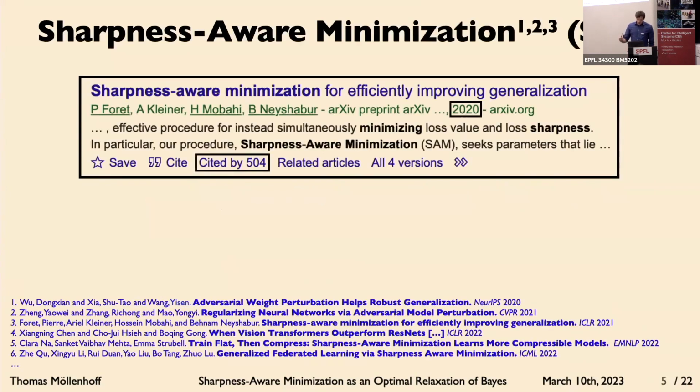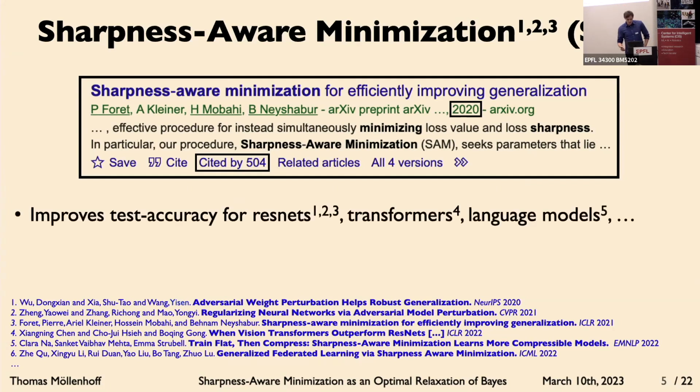It was proposed independently by 3 different research groups, actually. But people call it now SAM, Sharpness-Aware Minimization. And it has been very, very influential in deep learning. It was proposed in 2020 and it's cited 500 times. And what does this method do? Basically you change your training method and you get improved test accuracy across all sorts of models.